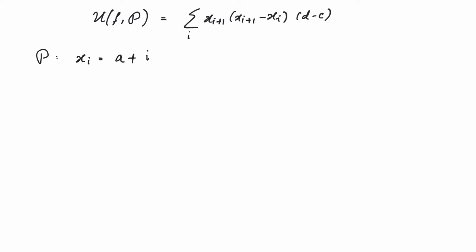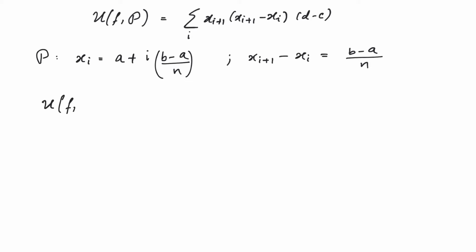Recall that we had shown that UFP is equal to summation over i of (xi+1) into (xi+1 minus xi) into (d minus c). Now we choose a special partition, namely a partition where xi is equal to a plus i into (b minus a) by n. Therefore, xi+1 minus xi is equal to (b minus a) by n.